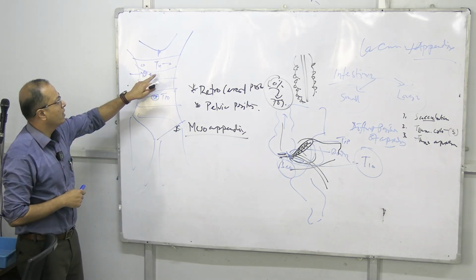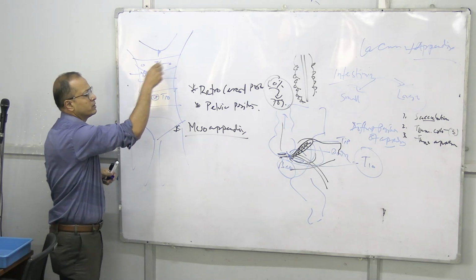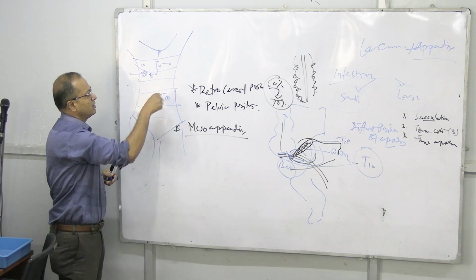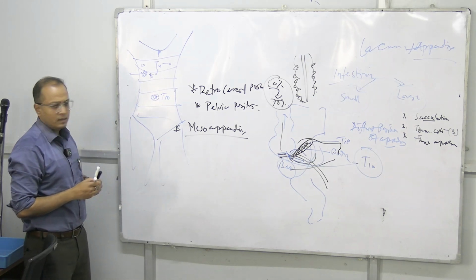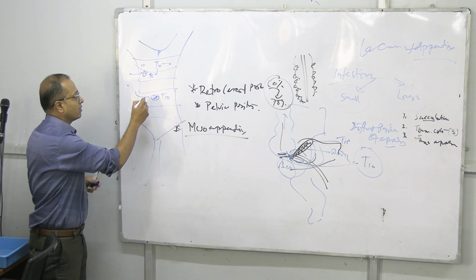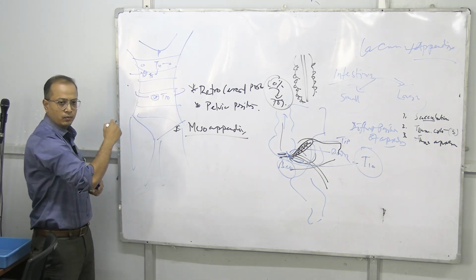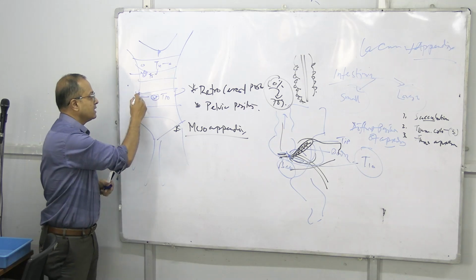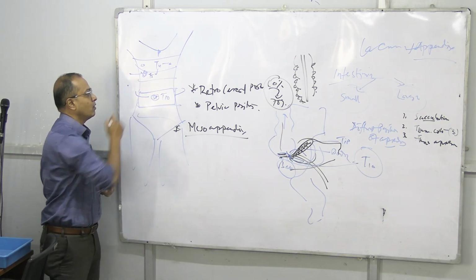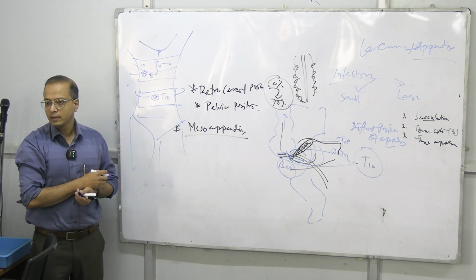So T5 is the xiphoid process, T4 is around the nipple area, and T10 is the umbilical region. So what does it mean actually? This T10 spinal nerve, which carries the pain fiber, serves the skin domain of the umbilical region.